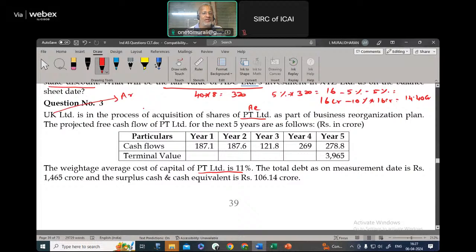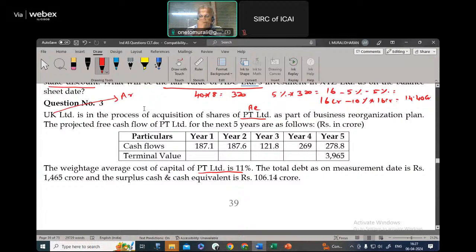So these are all future cash flows only. They have not discounted, and we are expected to deduct from the total value of the enterprise the debt, so as to find out the value for equity.